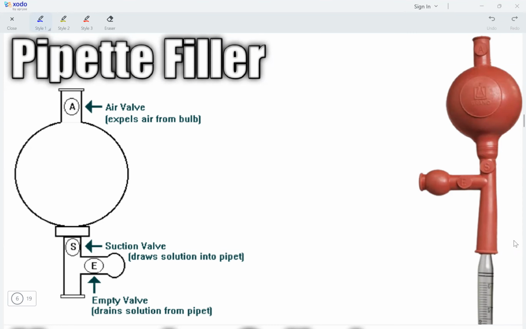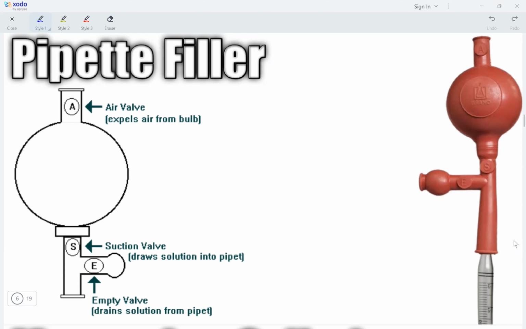This is a pipette filler that is placed at the mouth of the pipette and is used to draw solutions into the pipette. We have labels on the pipette filler as A, which is the air valve. This needs to be pressed, and then the bulb needs to be squeezed to let the air out.